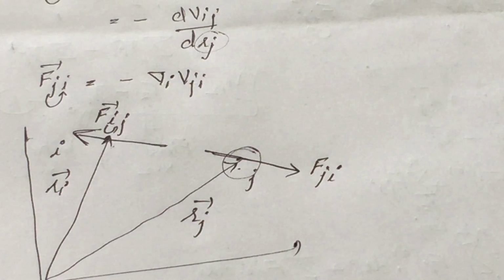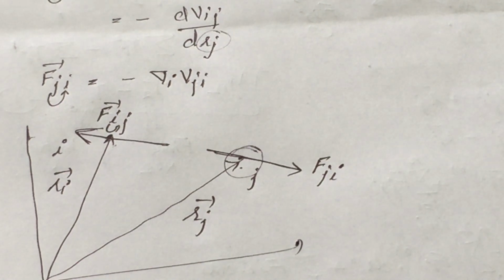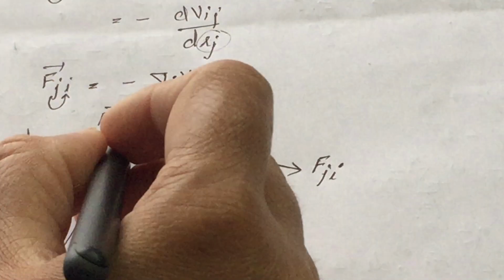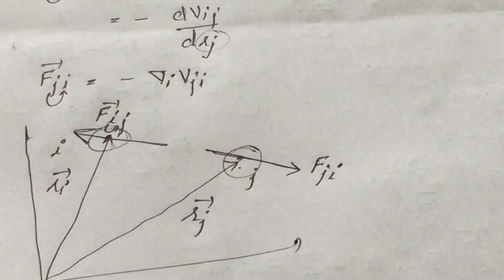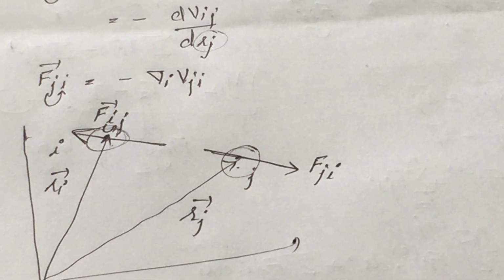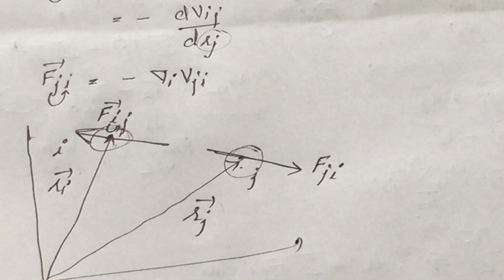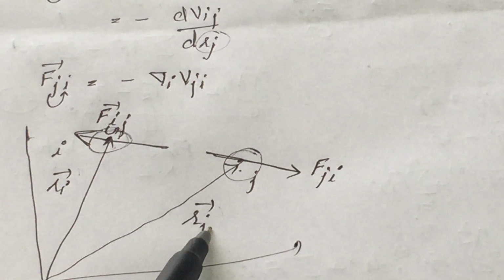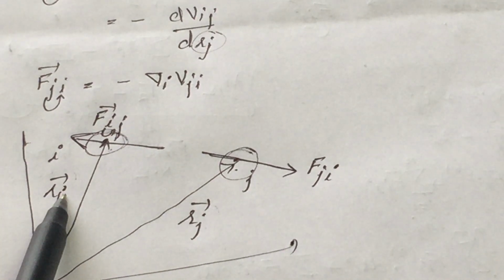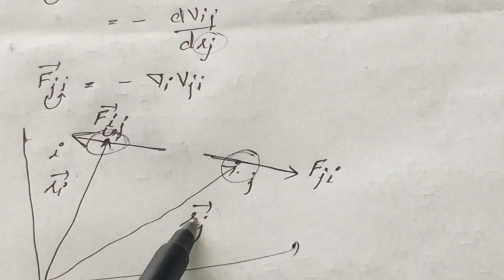Then whose position will change? The force is experienced by the ith particle. It means the position of the ith particle will change now. Now, what is the change of Ri with Rj? These particles are independent of each other. Ri is not depending upon Rj.